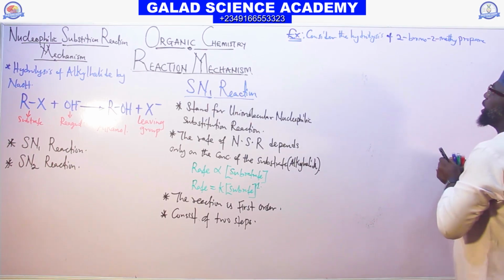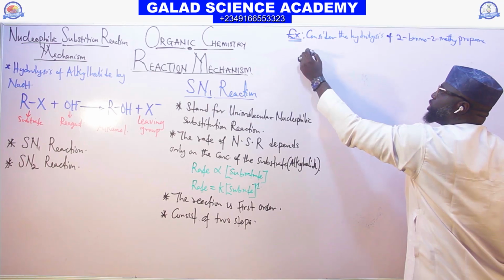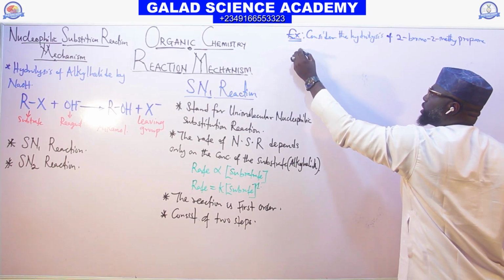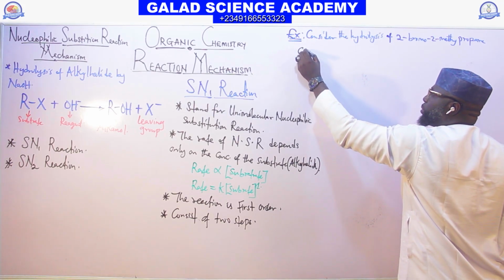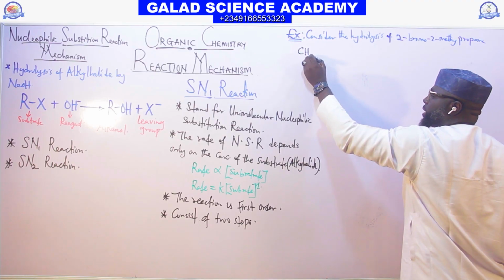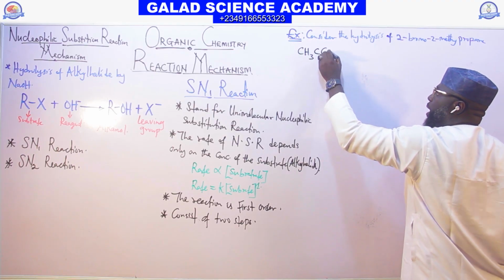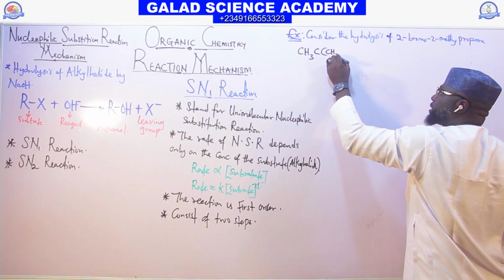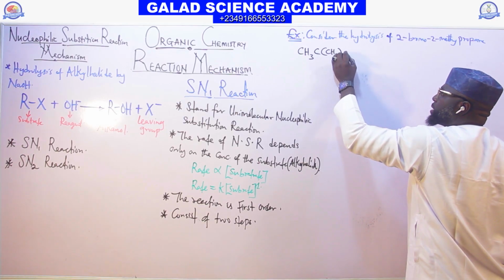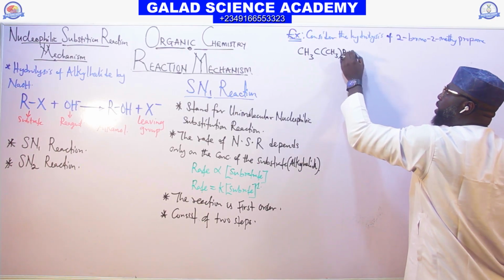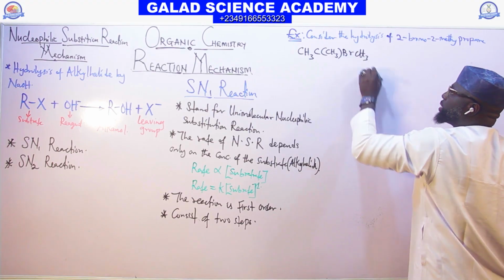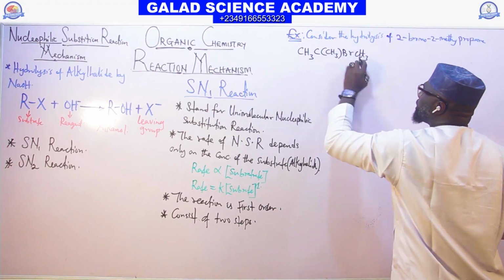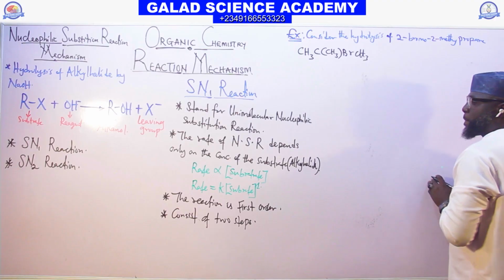What will happen here? 2-methyl propane. This will be the equation: CH3, CH3, Br, CH3, 2-methyl propane, CH3.